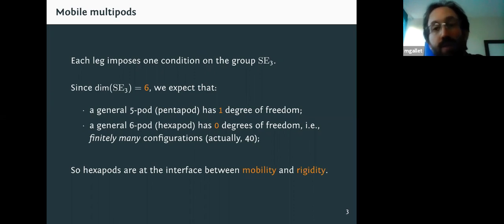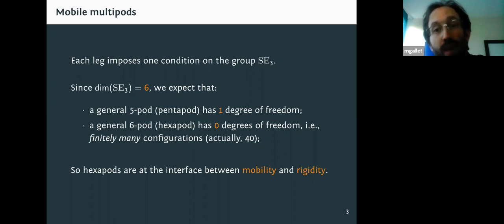And since the group of direct isometries is 6-dimensional, because we have a 3-dimensional part of rotation together with a 3-dimensional part of translations, we can expect the following behavior: if we have a general pentapod, a 5-pod, then we expect that this object should exhibit 1 degree of freedom.